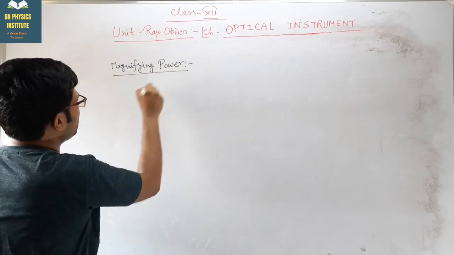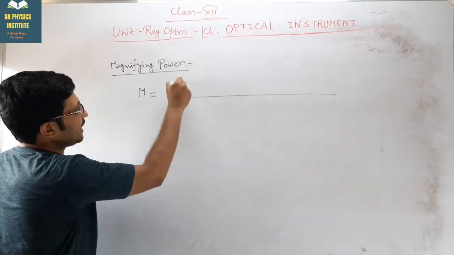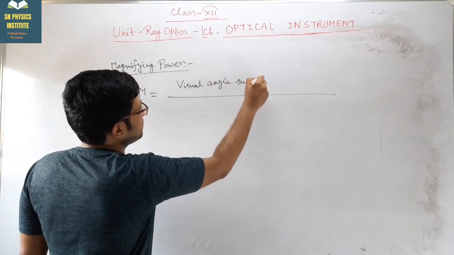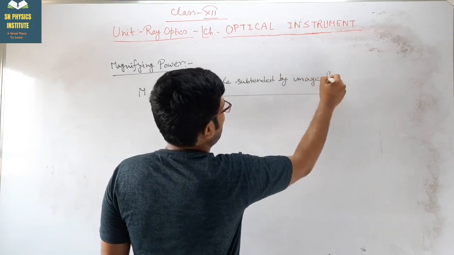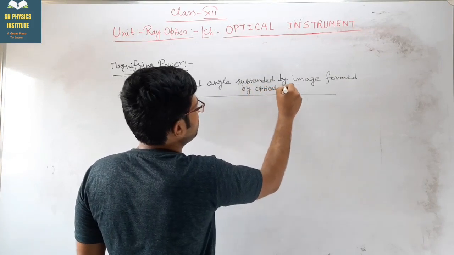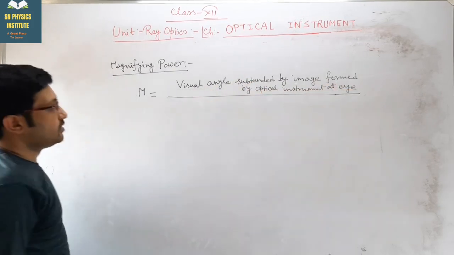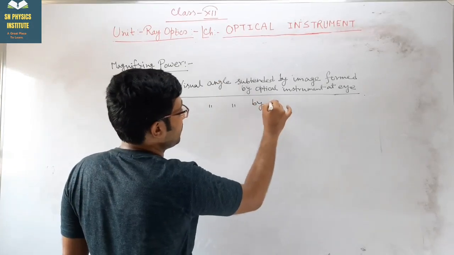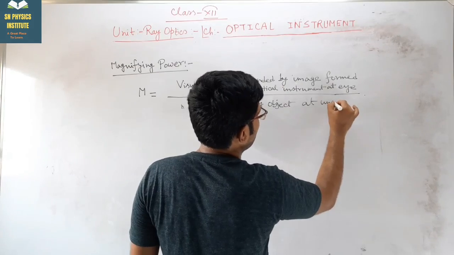This magnifying power is denoted by M, and M is the visual angle subtended by the image formed by the optical instrument at the eye, divided by the visual angle subtended by the object at the unaided eye.